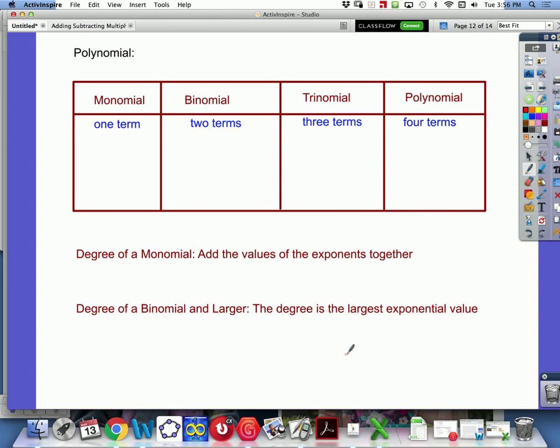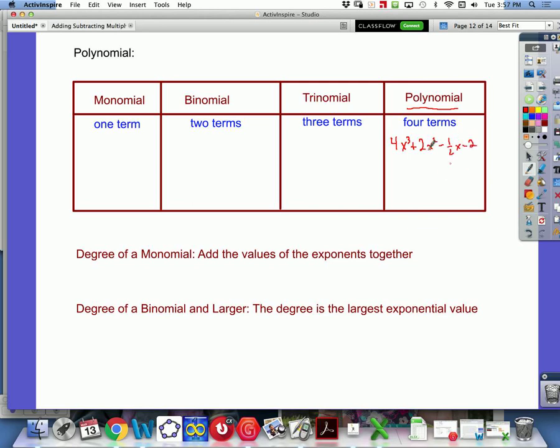When we're dealing with polynomials, there's actually different terms. The term polynomial actually means something that is a string of more than 3 terms, or 4 or more. And when we have these strings of terms, that means that they're connected by a plus or a minus.